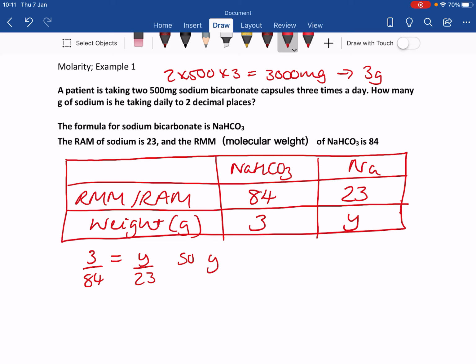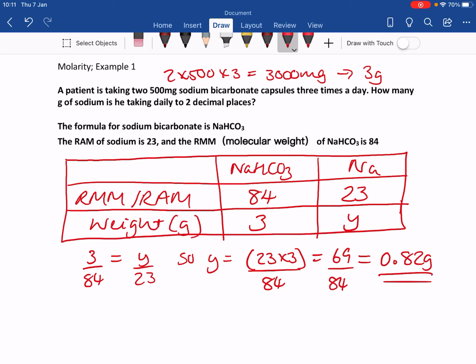So y is equal to 23 times 3 divided by 84 equals 69 divided by 84, which rounded to 2 decimal places again equals 0.82 grams. So that's the second method, using proportional sets, if that's your preferred method.